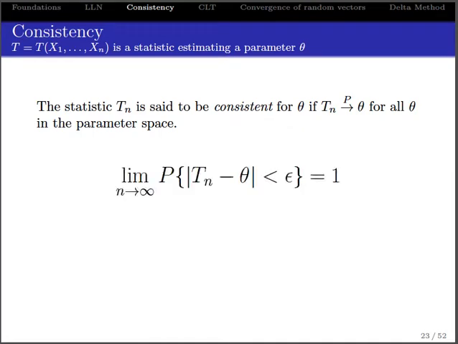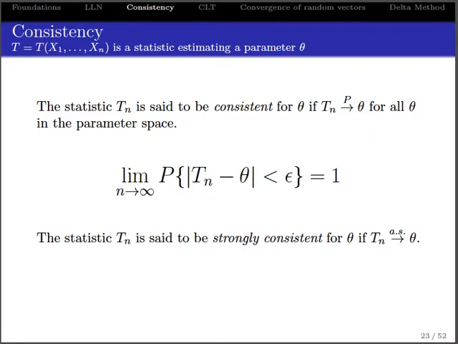That is to say, the limit as n approaches infinity of the probability that the absolute value of Tn minus theta is less than epsilon, that is, that Tn is really close to theta, equals 1. And the statistic Tn is said to be strongly consistent for theta if Tn goes almost surely to theta, and of course strong consistency implies ordinary consistency.